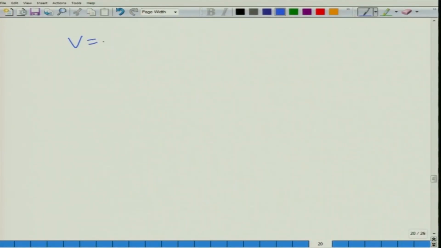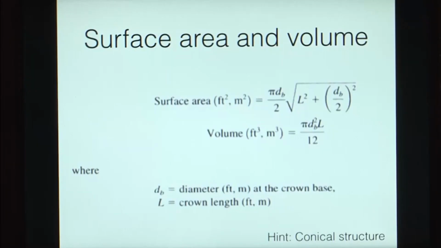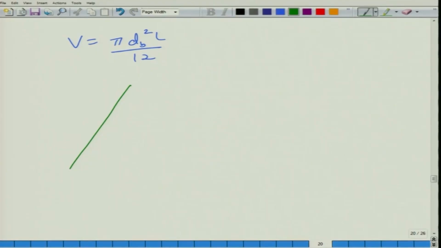So we have volume is equal to pi dB square L by 12. So coming back to the slides, here we have the volume in feet is pi dB square L upon 12. So how do we get to that equation? Coming back to the tablet, again we are considering our crown to be a cone.